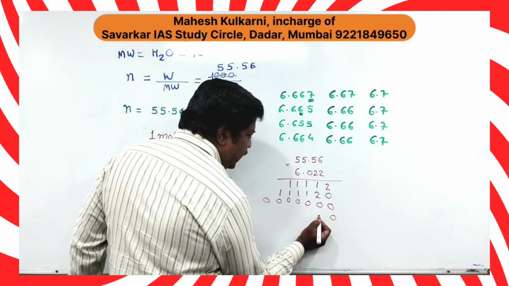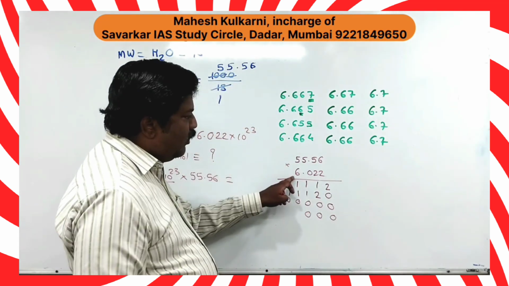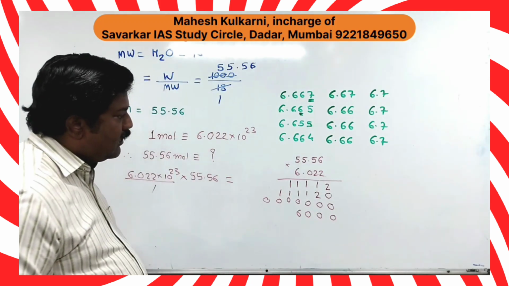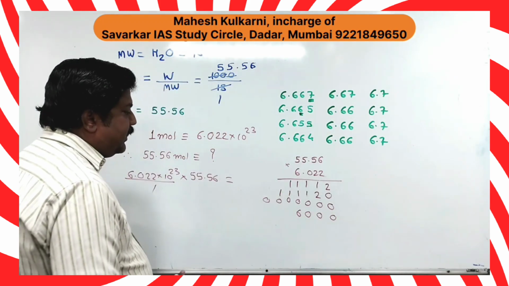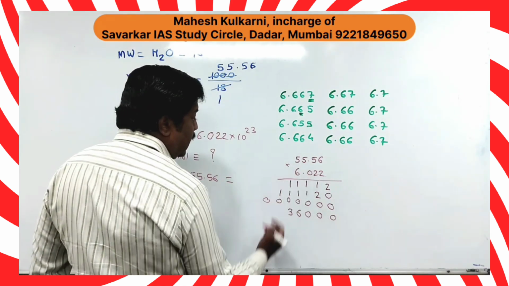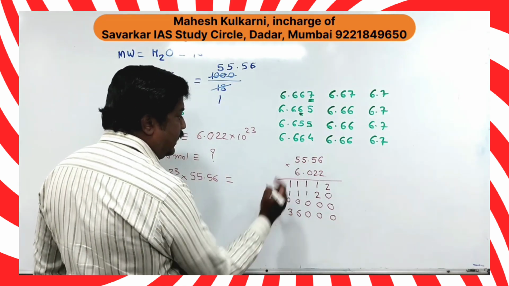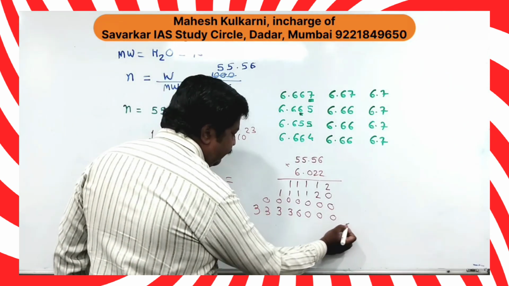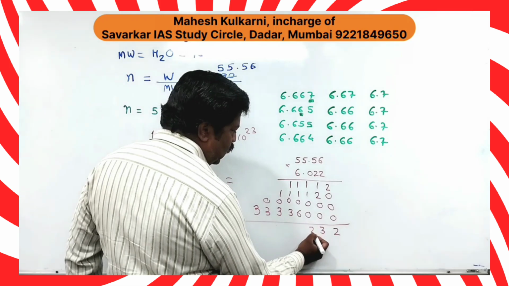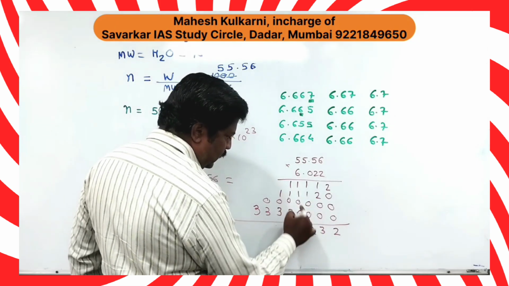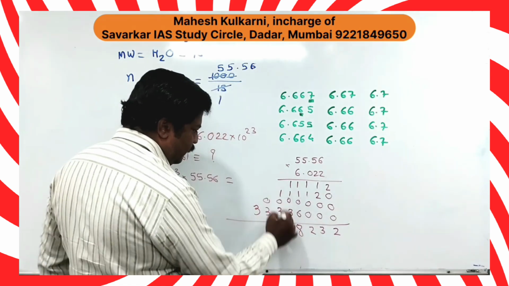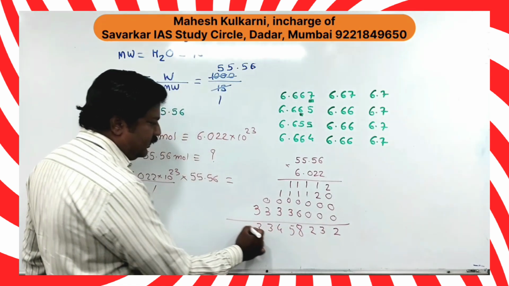So I have to put 3 zeros here and now multiply. 6 6s are 36, carry forward 3. 6 5s are 30 plus 3, 33, carry forward 3. Again same, 33, carry forward 3 and 33. Then adding: 2, 3, 2, 2 plus 6, 8, 5, 4, 3, 3.